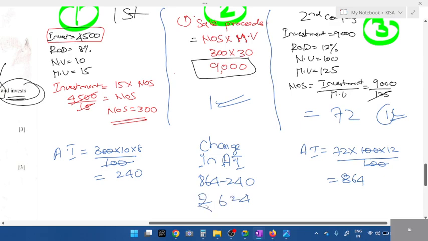Rupees 624 is the answer. This is the change in income.